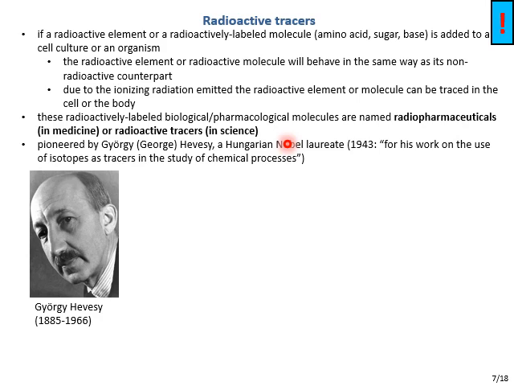The whole approach, which may sound trivial nowadays in the 21st century, was actually a breakthrough in the middle of the 20th century. This approach was pioneered by a Hungarian scientist called George Hevesy, who received the Nobel Prize for his achievements in this research in 1943.